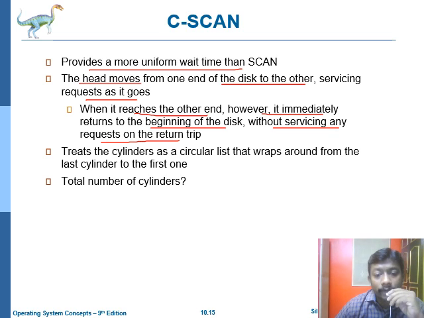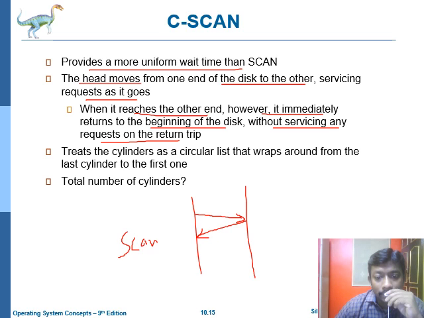In the previous method, SCAN, this is the start of the disk, and it services the input output requests up to the end of the cylinder, then goes in reverse, servicing the remaining ones.